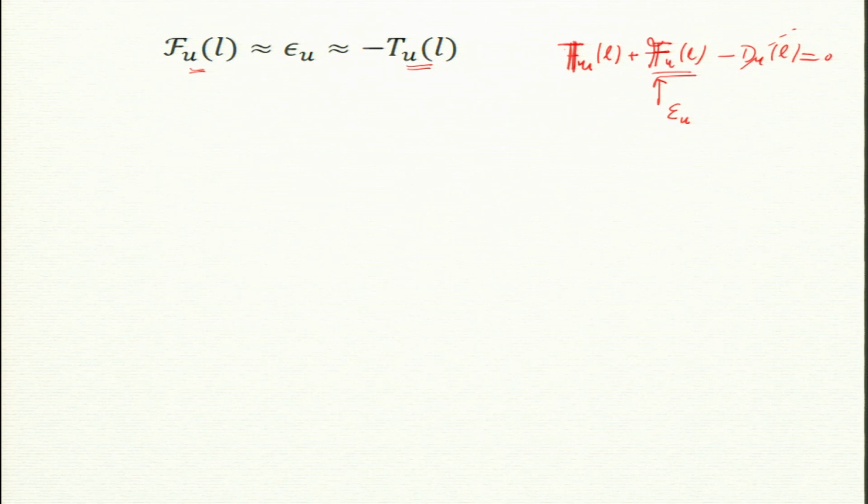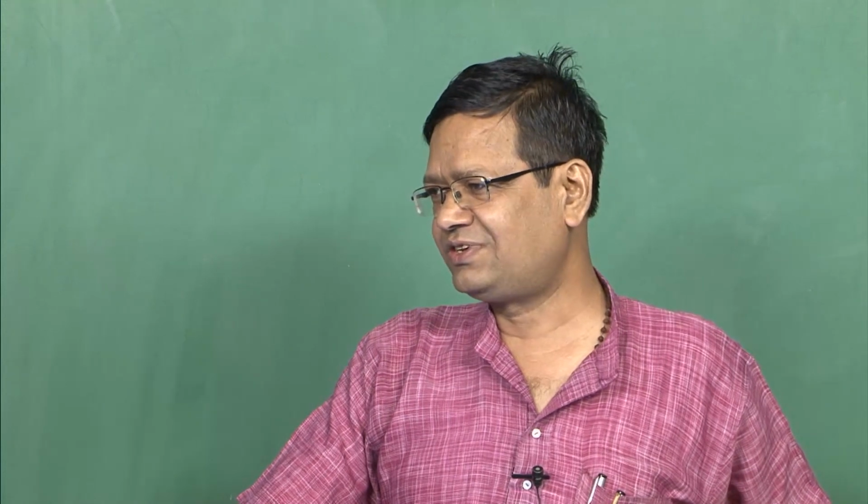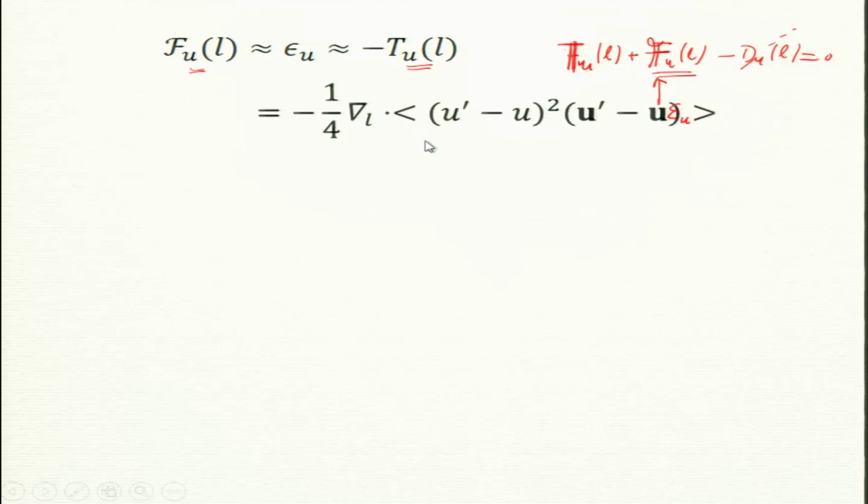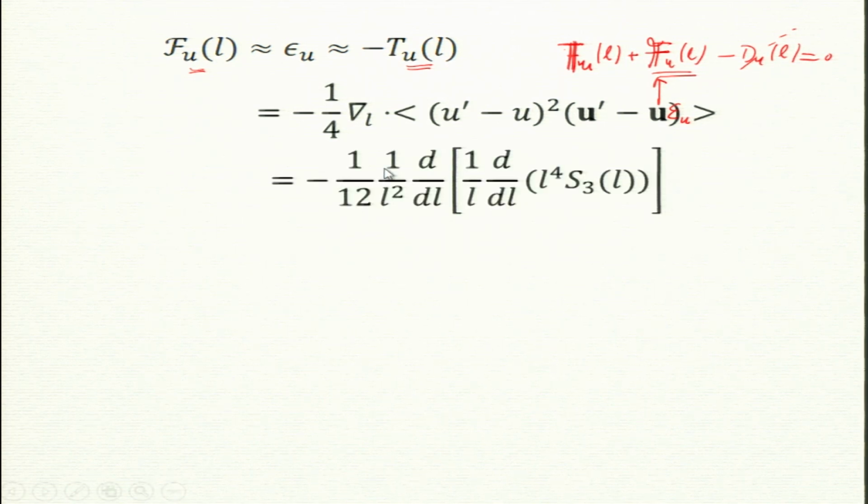Now you can see the proof is almost there. Now, TUL is connected with the third order structure function. Now we can just finish off the proof. So TUL is minus 1/4 of this one, and I proved this already by taking the divergence in spherical polar coordinates.